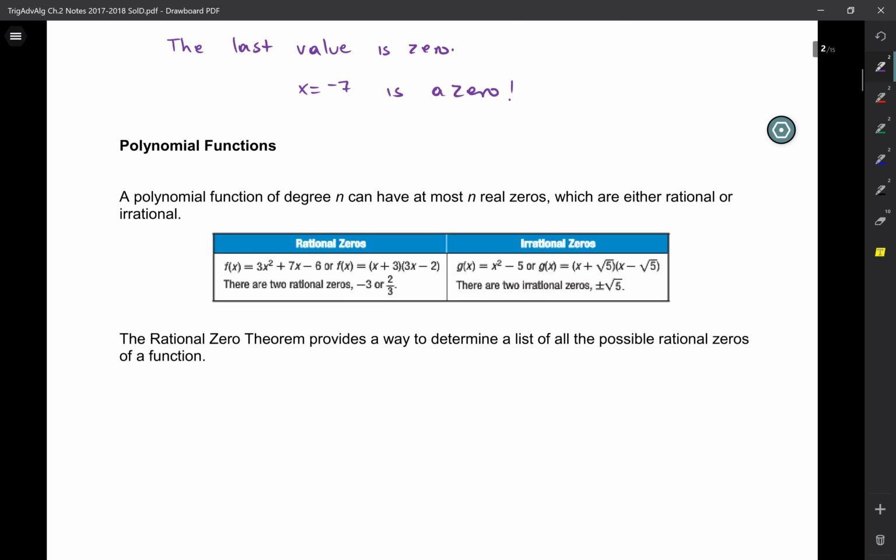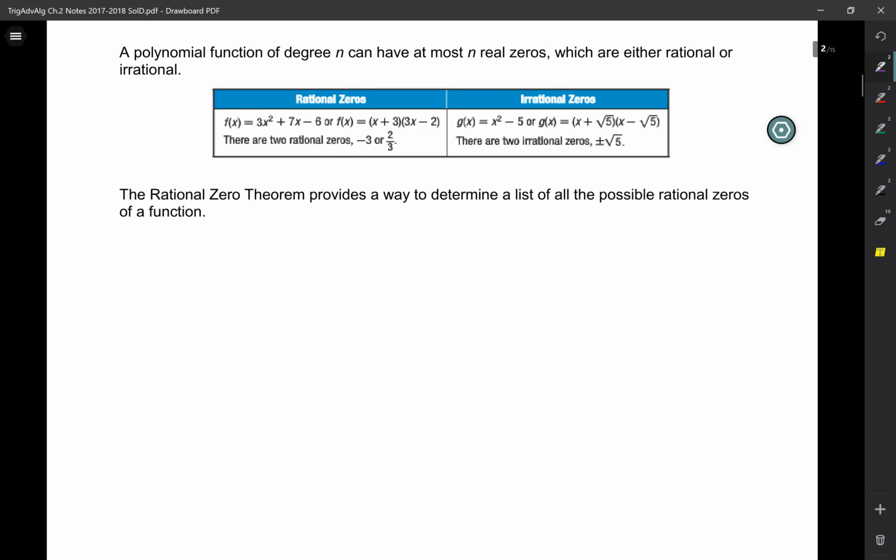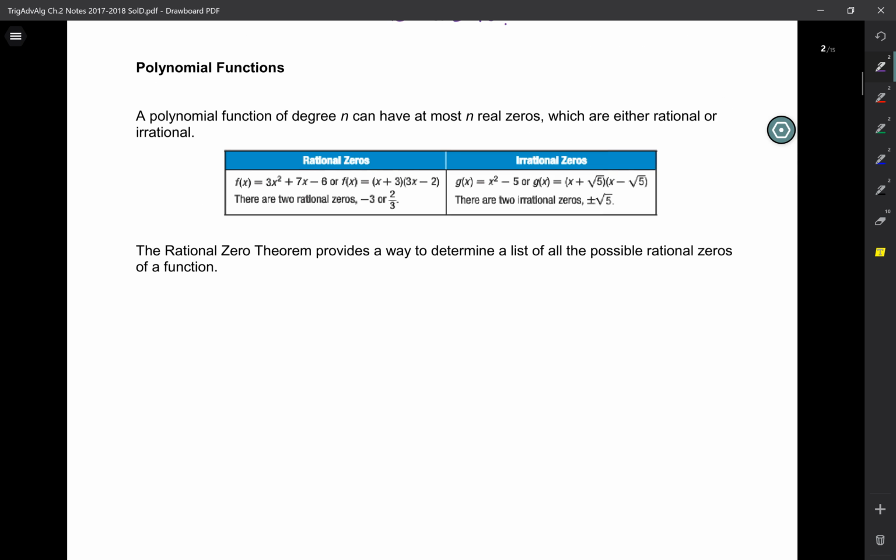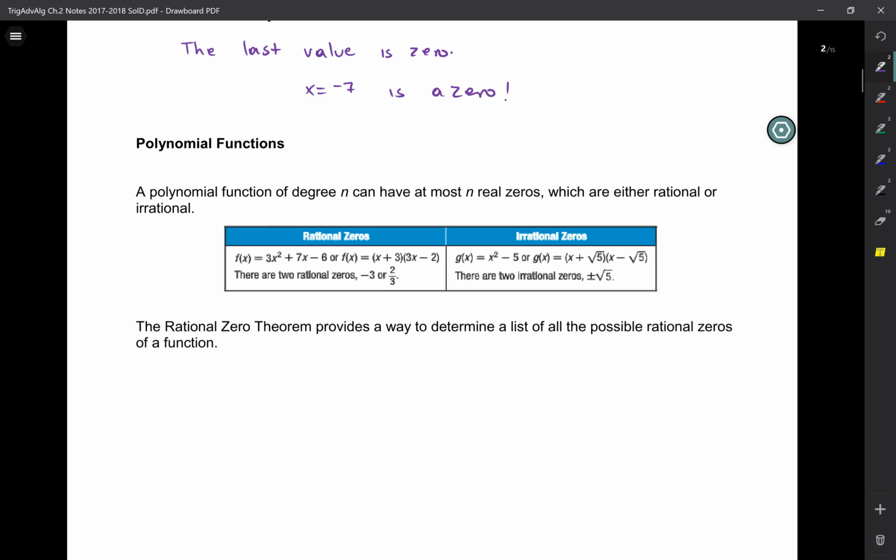Okay. So, back to polynomial functions. If you haven't taken Algebra 2, we already talked about polynomial functions. Now, let's go back and recall from Algebra 1 what the degree of a polynomial is.